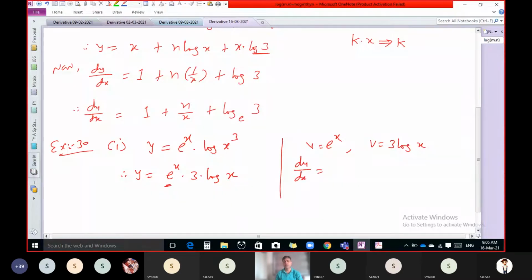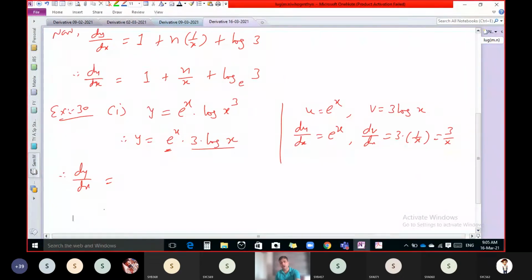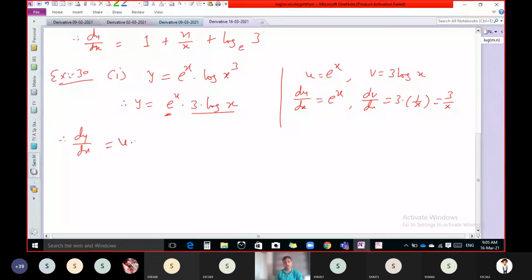Now differentiate. What is the derivative of e raised to x? In the last lecture we already discussed that. Yes, e raised to x. And the derivative of 3 log x: 3 is a constant and the derivative of log x is 1 upon x, so it is 3 upon x. Now this is u, this is v, so dy by dx according to the rule of multiplication is u into derivative of v plus v into derivative of u.